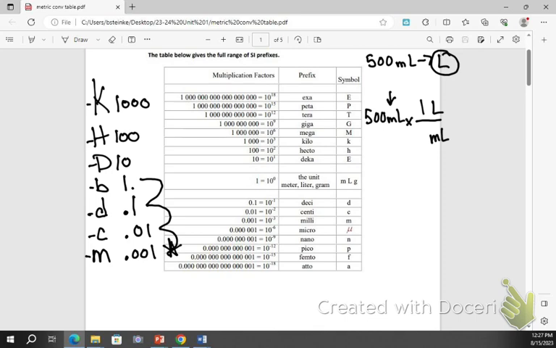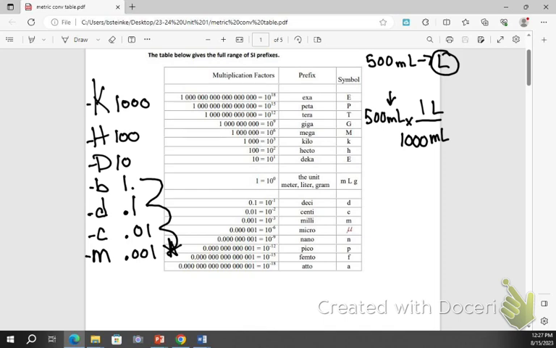Well, because I jumped 3 times, that means on milliliter, I put 3 zeros. Which means, does that make sense? Because milliliter is smaller, should there be more milliliters in a liter or should there be more liters in a milliliter? Which one just makes more sense to you? More of the small and the larger one, right?